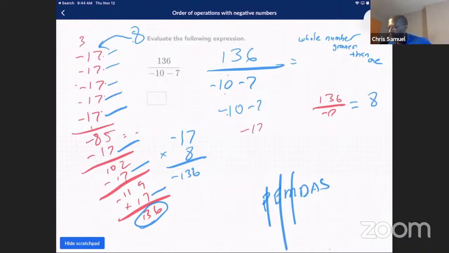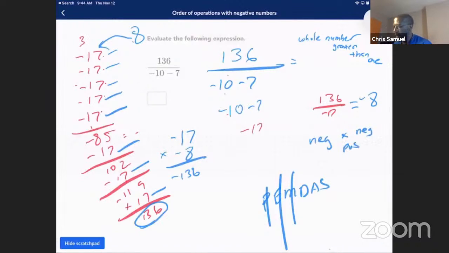The 8 could be negative, because a negative times a negative is a positive. So I think that's one way I can remember that law. Negative times negative is a positive.